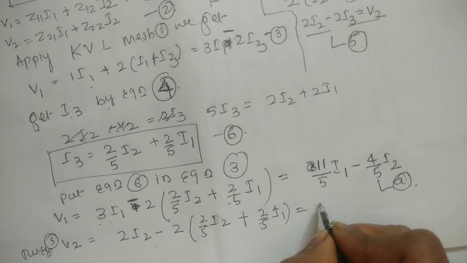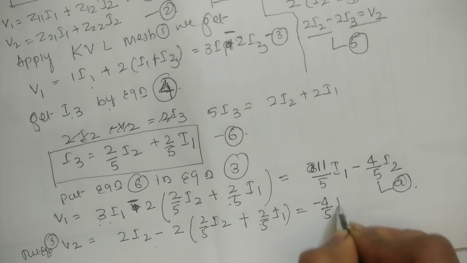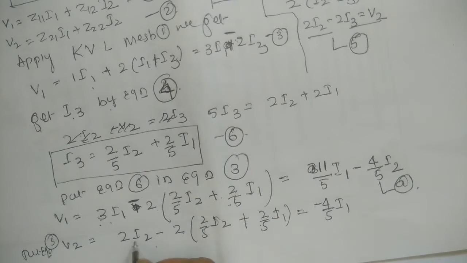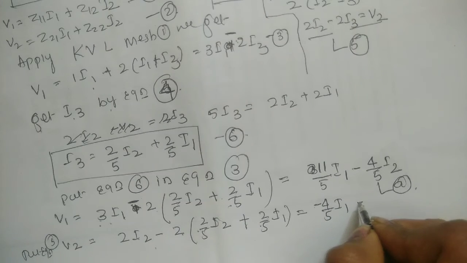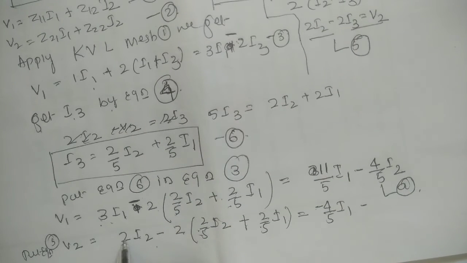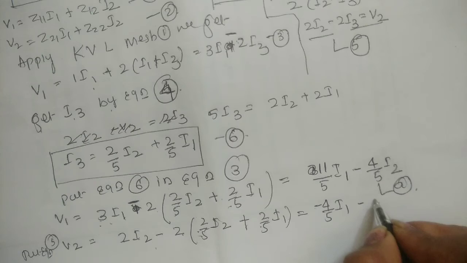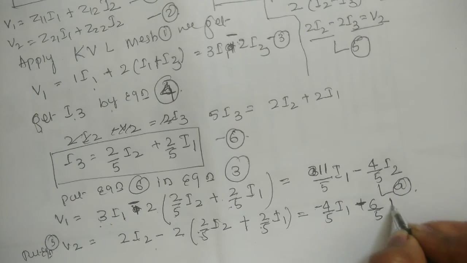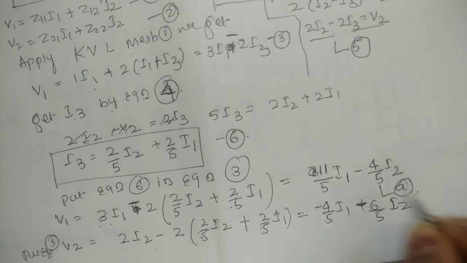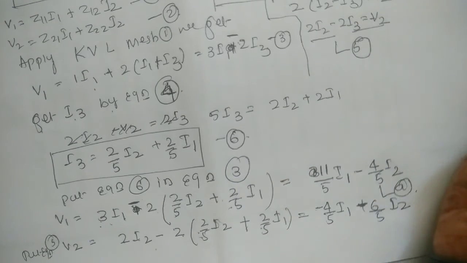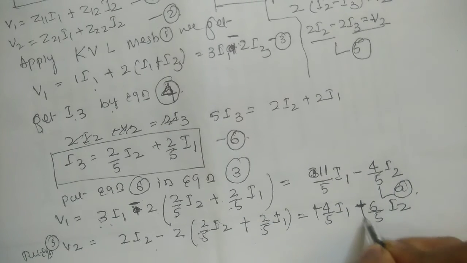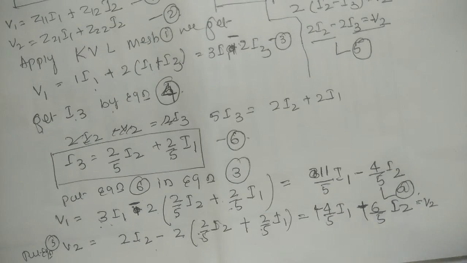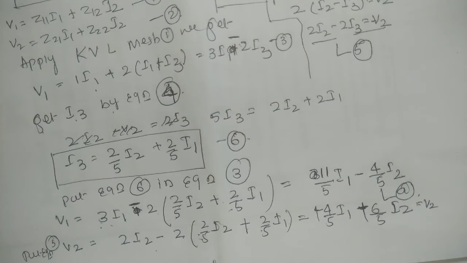Minus 4 by 5 I1 minus 10, 4, 6 by 5 I2. It is a minus. V2 will come. The V2 gets cancelled. This one is a plus 2 V2. Yes, this one is a positive term that will come.